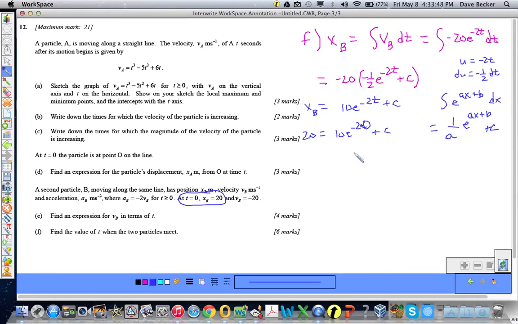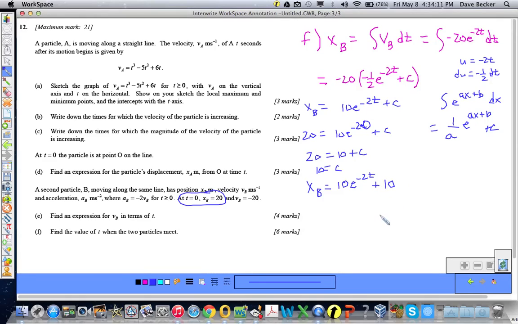So 20 is going to equal 10 plus c. That means c is equal to 10. So now I know that x sub b is equal to 10e to the negative 2t plus 10.